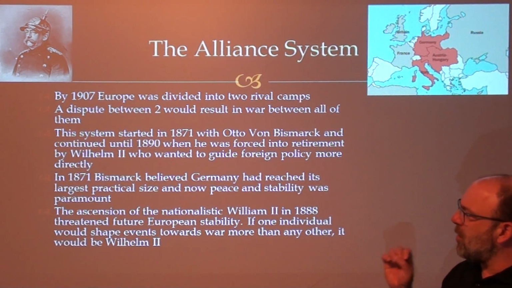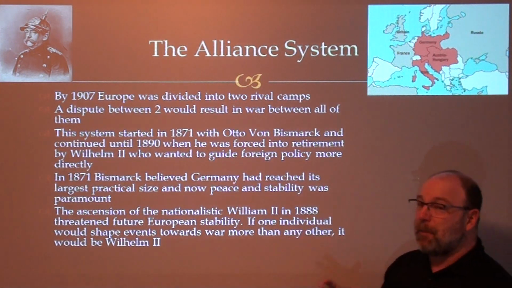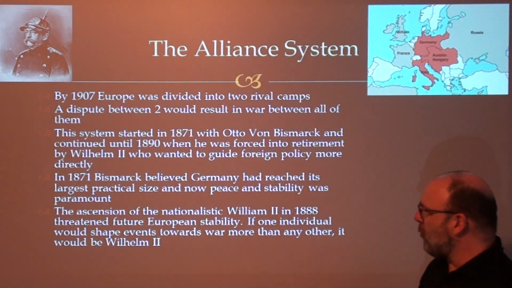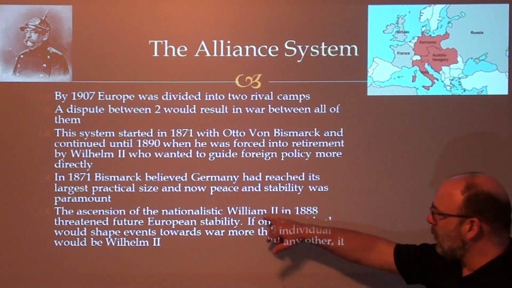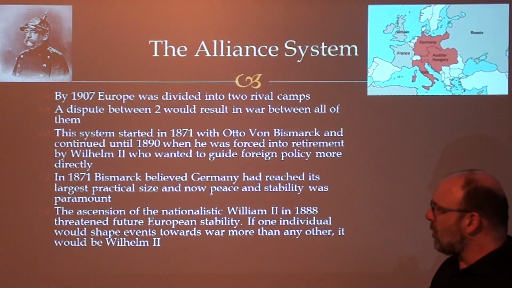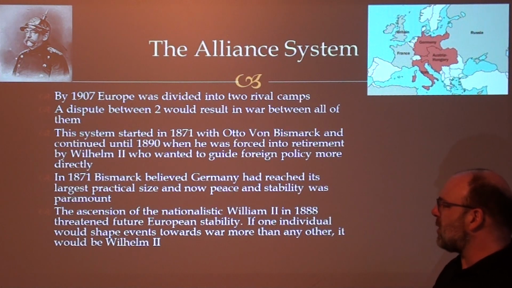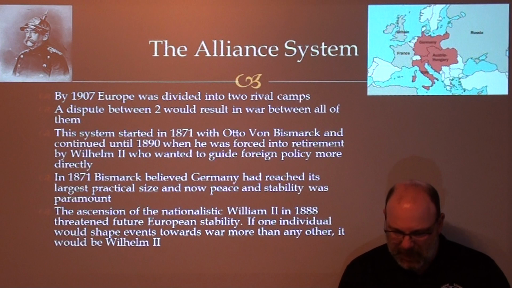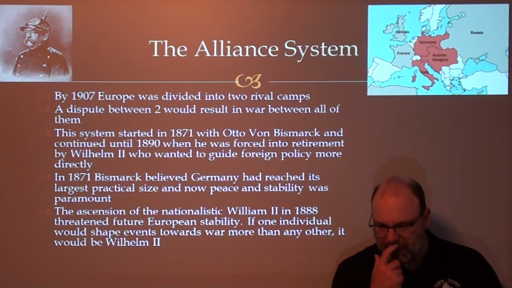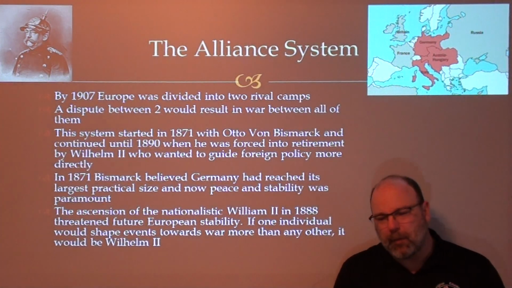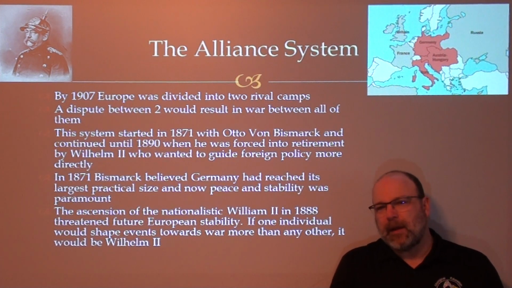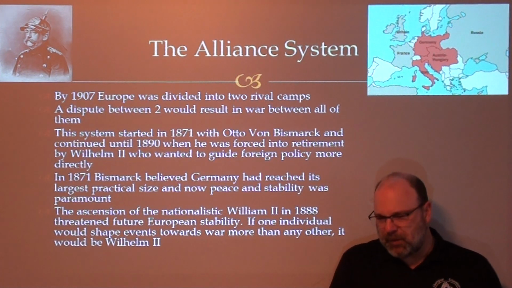But it was the ascension of the nationalistic and pugilistic Wilhelm II in 1888 which threatened future stability. If one individual would shape events toward war more than any other, as we said earlier, it would be Wilhelm II.